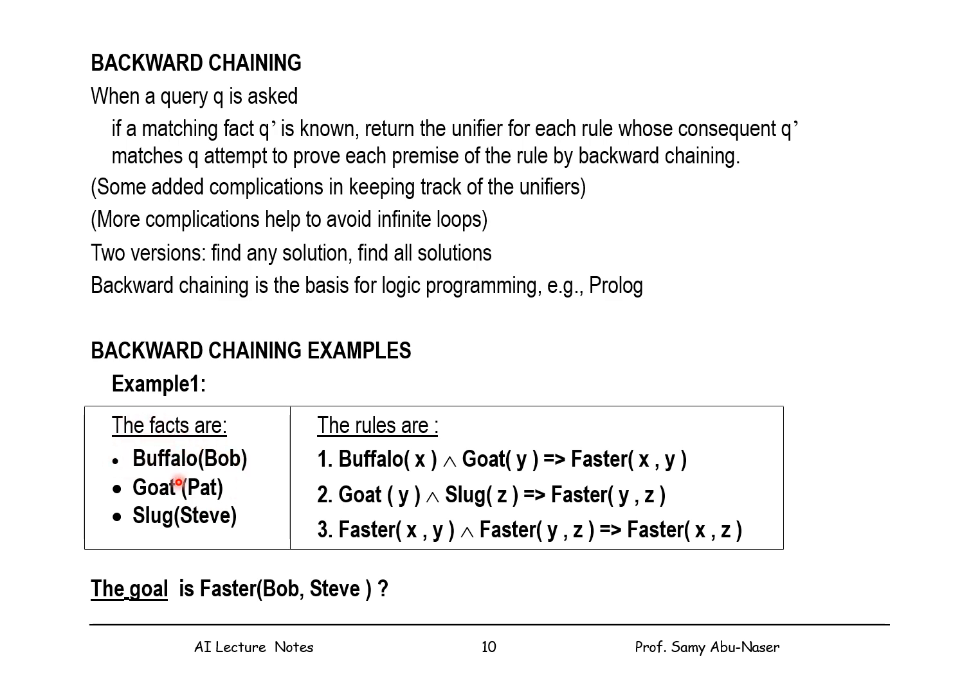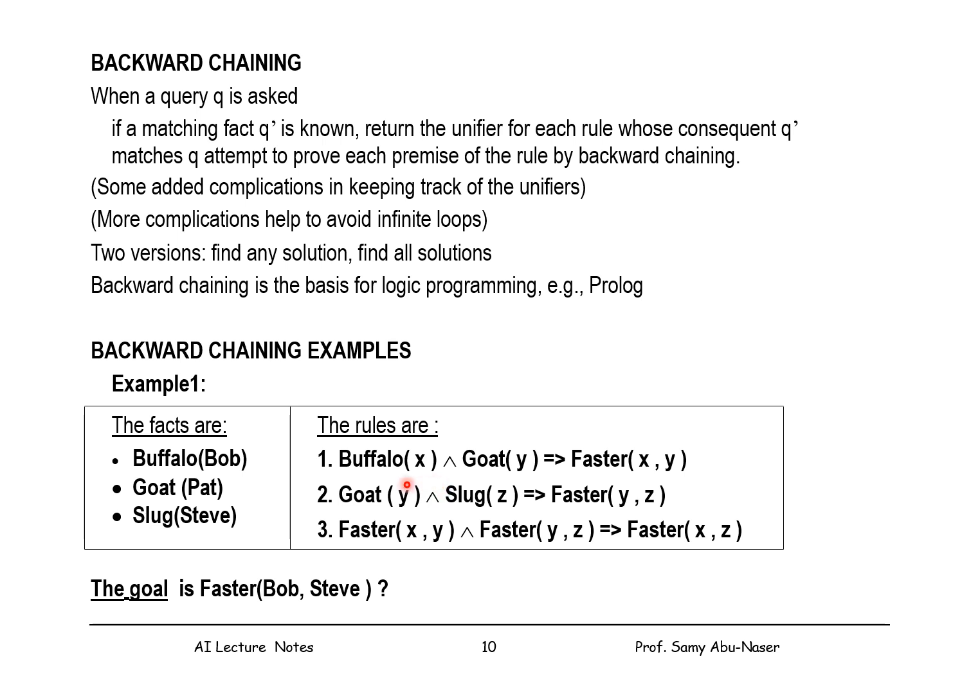The facts given: Bob is a buffalo. Pat is a goat. Steve is a slug. These are the facts. The rules are the same rules.